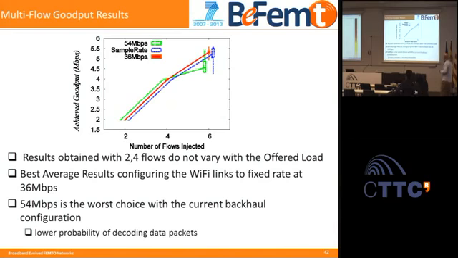And as we can see here, the one that behaves better was the one offered by the 36 megabits configuration. Sample rate shows more variability, given that the behavior of this algorithm is to try to go to a higher rate if no losses are experienced. And 54 megabits was the one that got the worst results.